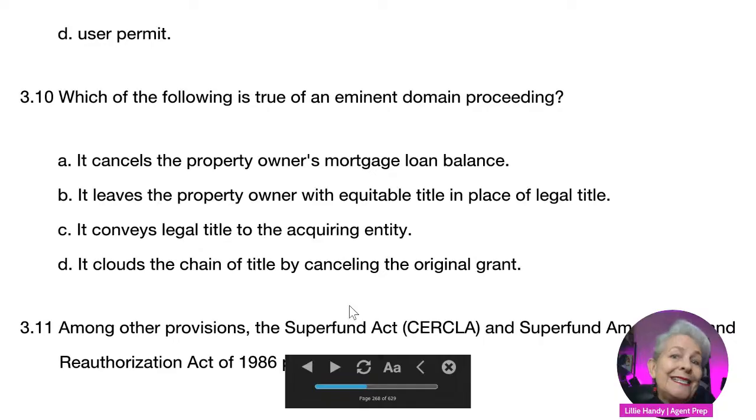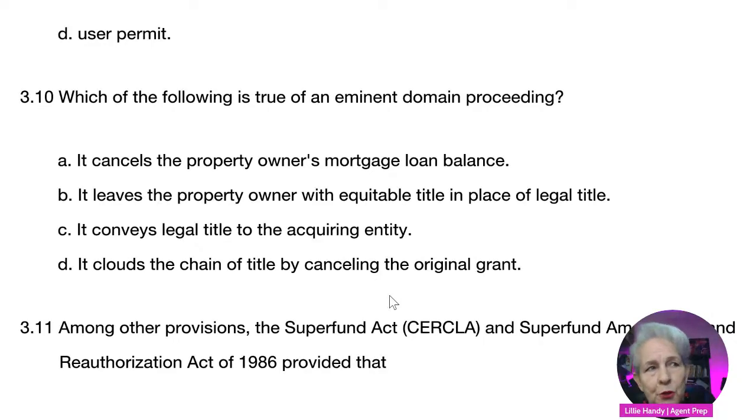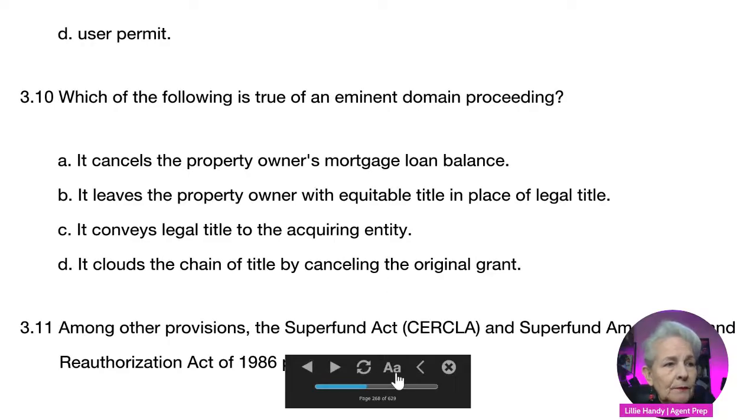So they condemn it until it goes through the whole process of taking over the property, providing the owner with a current market value for that portion of land that they are going to get. And they, meaning the city, the government.